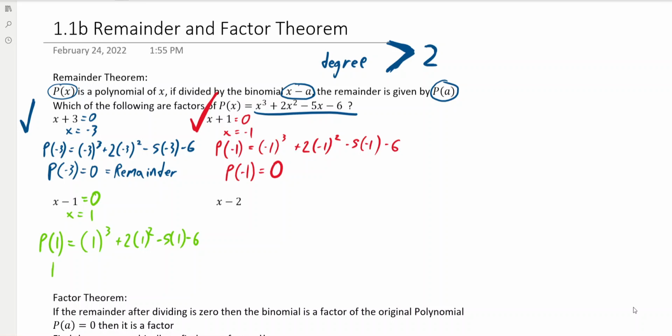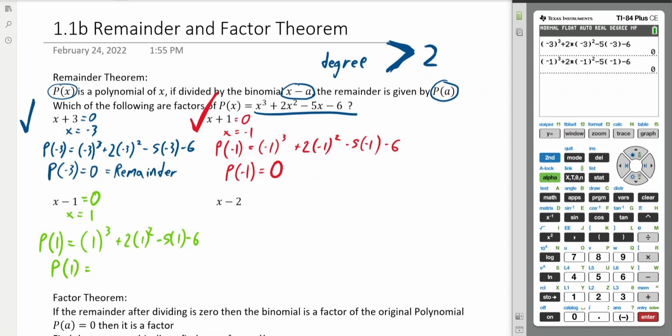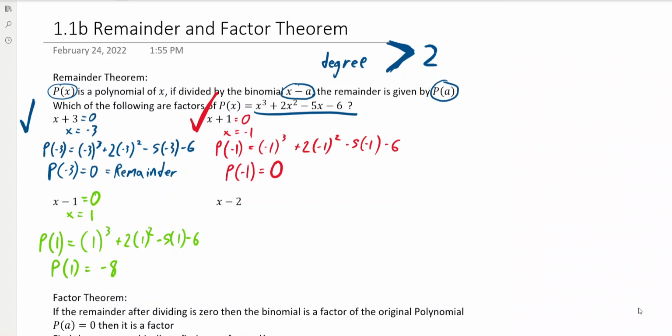Okay, so in the same position, p of 1 equals, and I think we can just go through and change this from negative to positive. So just deleting all of our negative 1s to just make them 1s. So this gives us negative 8. So this has a remainder of negative 8, right? Which means that it's not a factor.